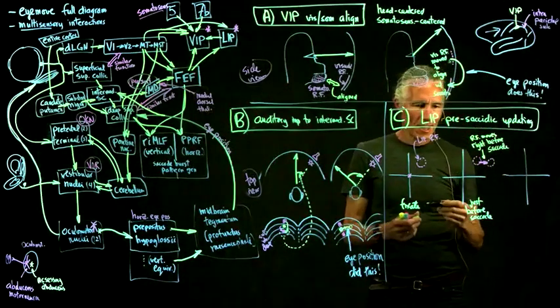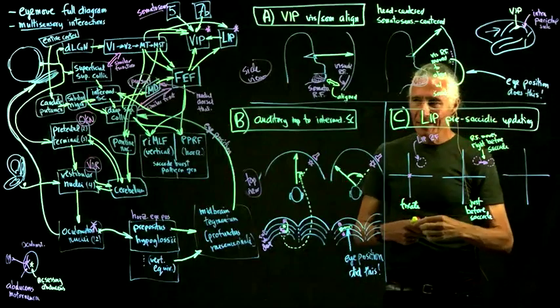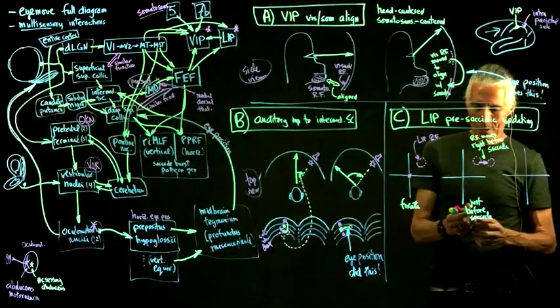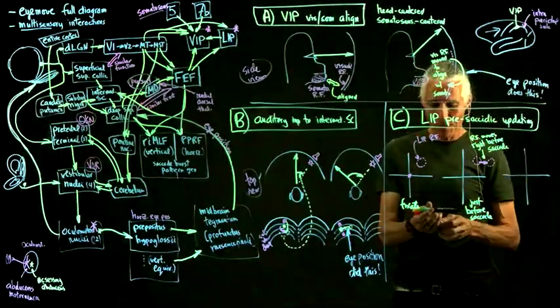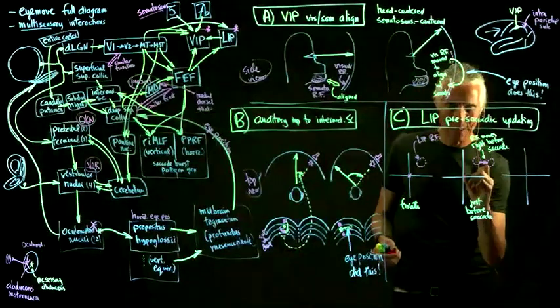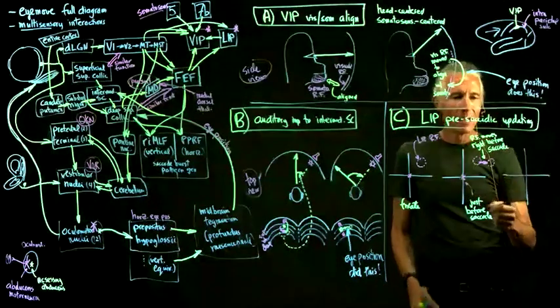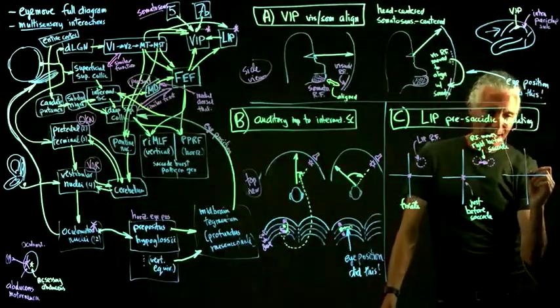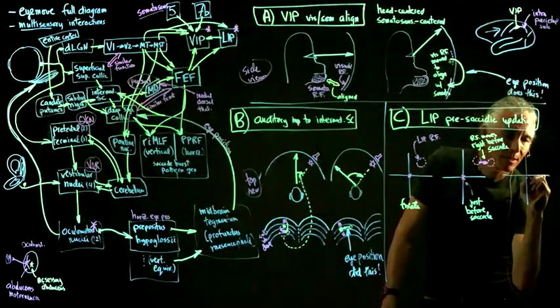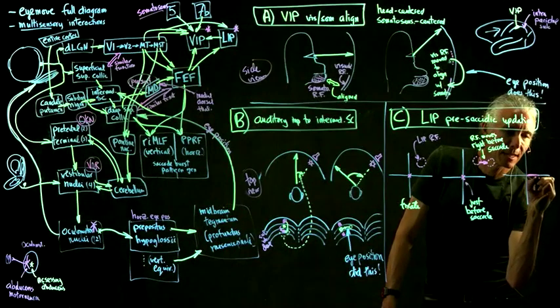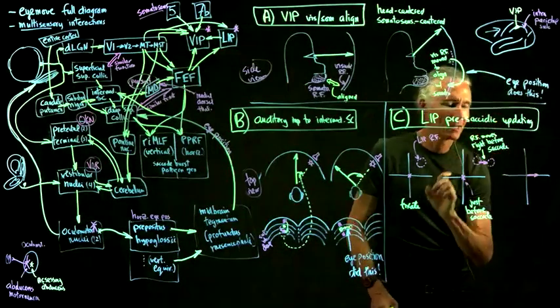So just before the saccade, the animal's still fixating. That's what I mean, just before saccade. And then the animal makes the saccade, say to the right, the same distance as that.